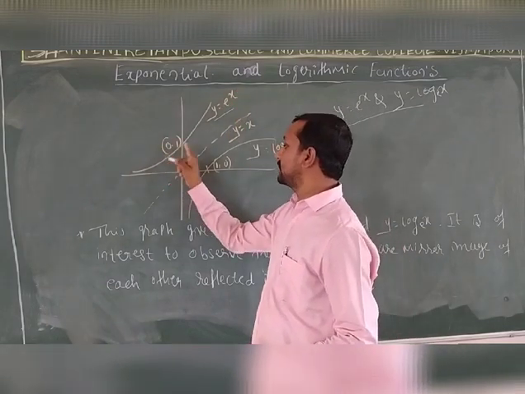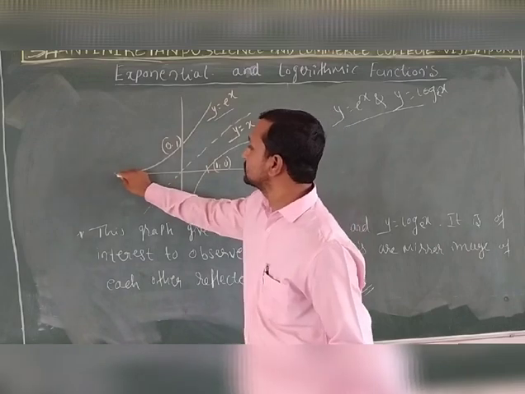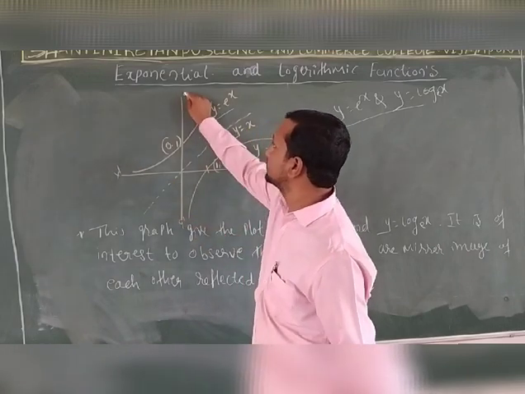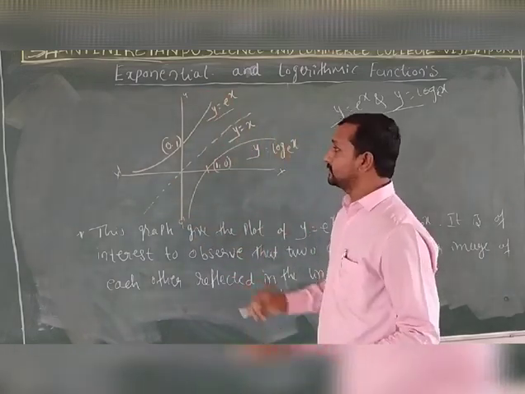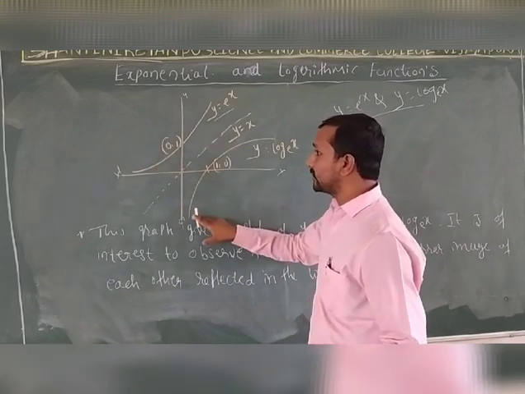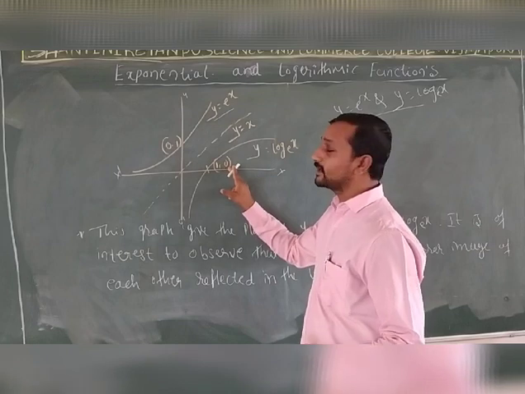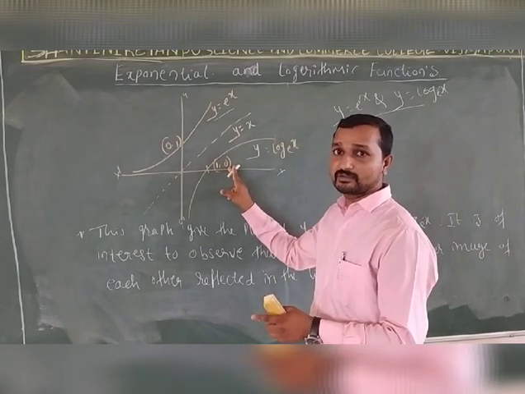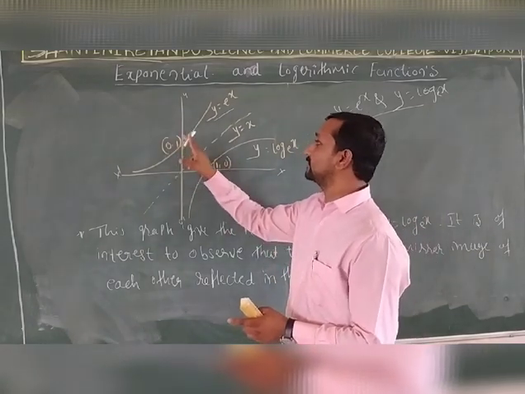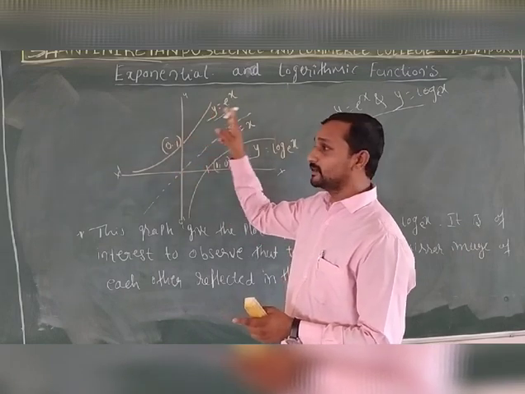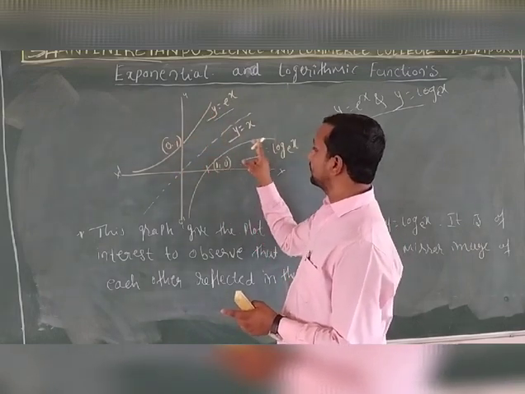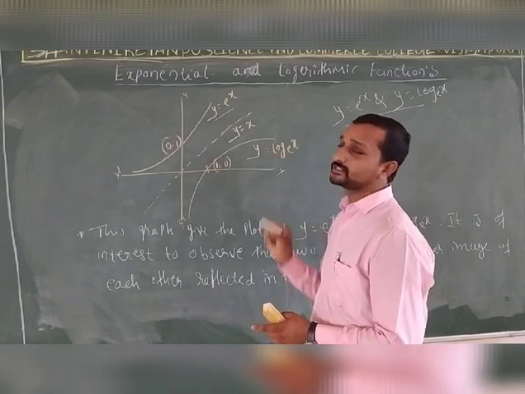The point 1, 0 indicates the graph of the log function. The point 0, 1 indicates the graph of the exponential function.